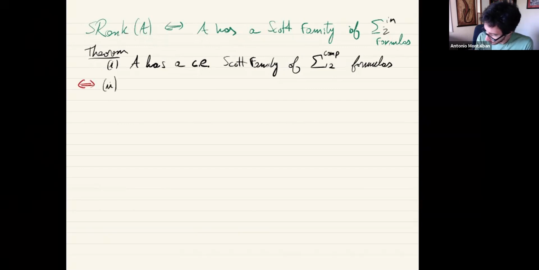Two, A is uniformly delta 0 2 categorical. What does that mean?